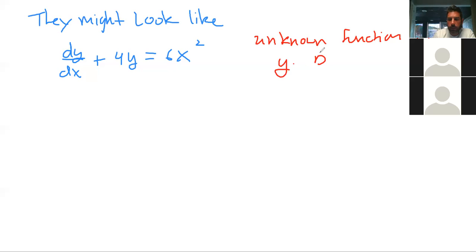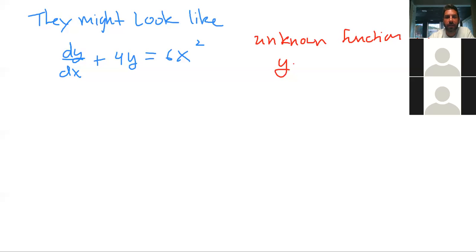And then what's the independent variable? Oh my God, these kids. I'm gonna kill my kids.